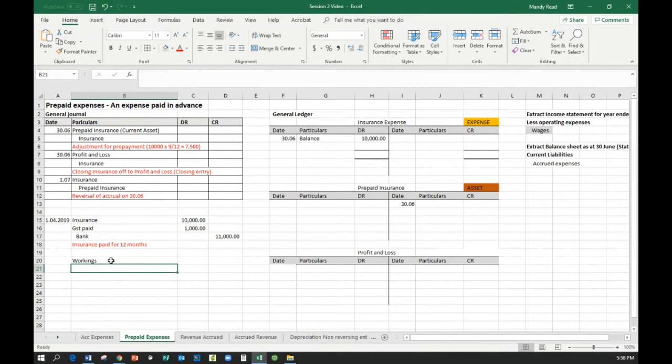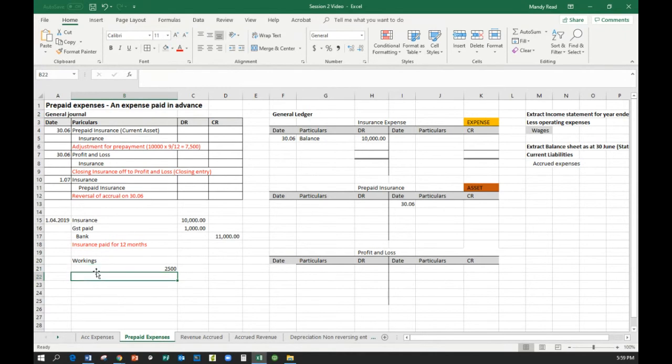So my workings. To work out how much the insurance has been for the 1st April, May, and June, the first 3 months, we would just say equals 10,000 multiplied by 3 divided by 12. So for this part of the year, our insurance expense has been 2,500.